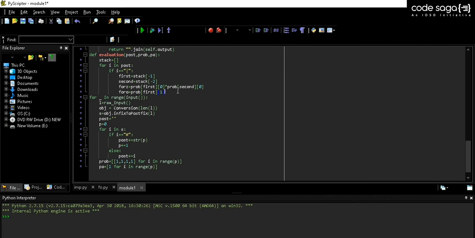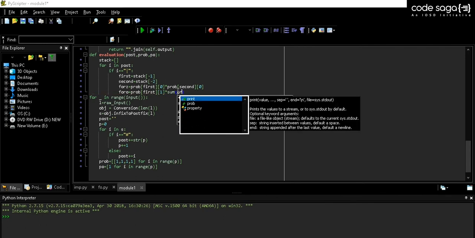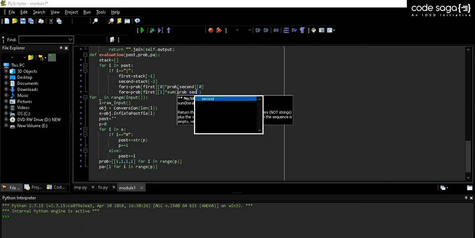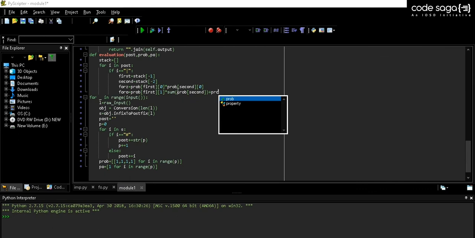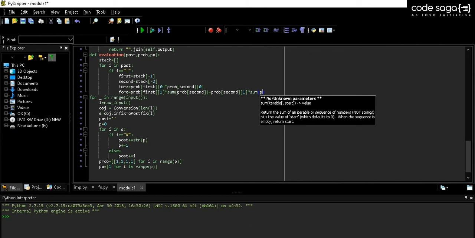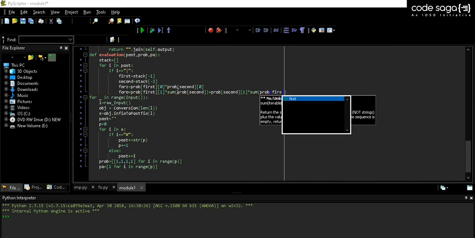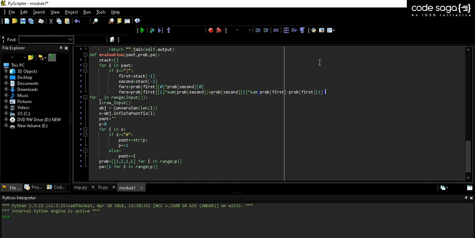So we'll do sum of probability of second, plus when the second element is 1, the probability of second of 1 into the sum of probability of first. But here a case will be repeated when both of them are 1, so we'll subtract the probability of first of 1.